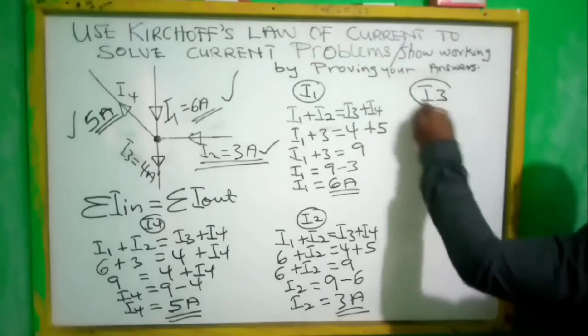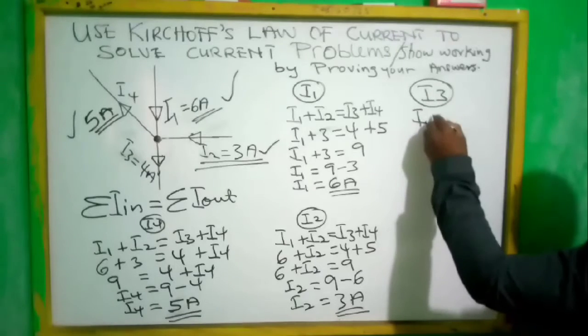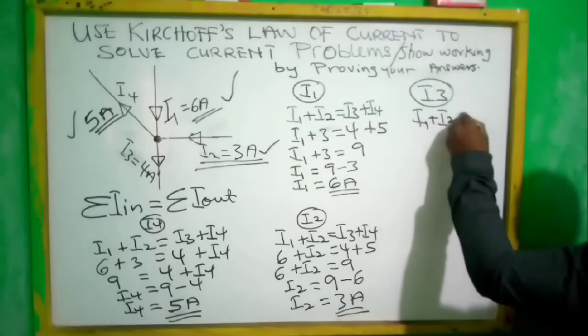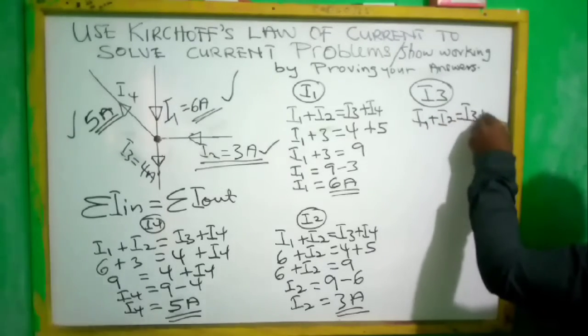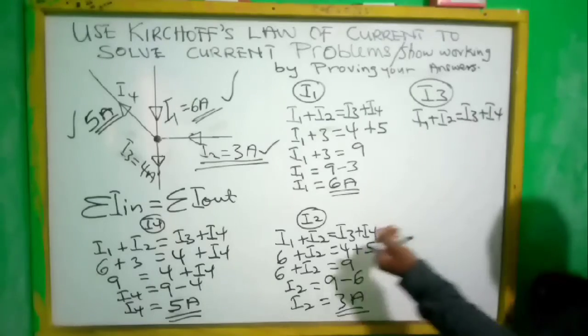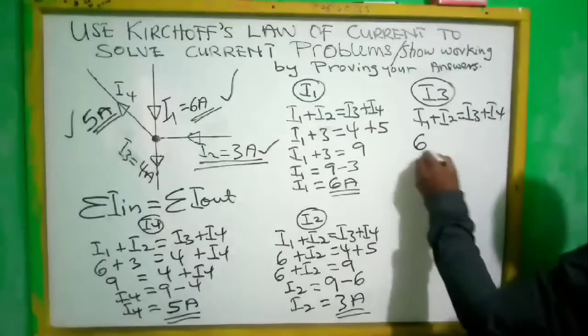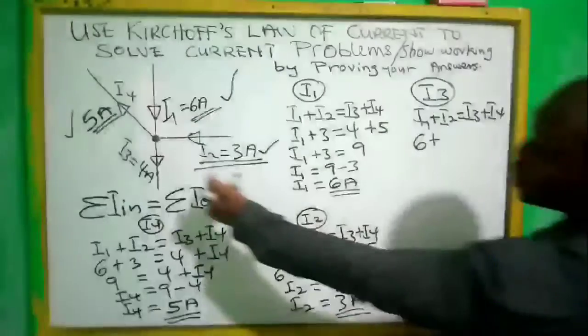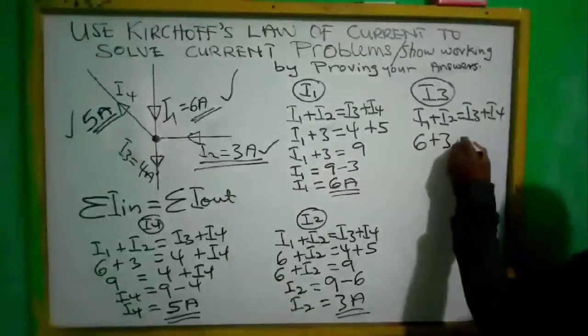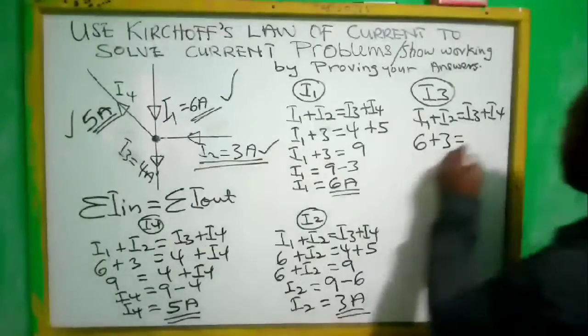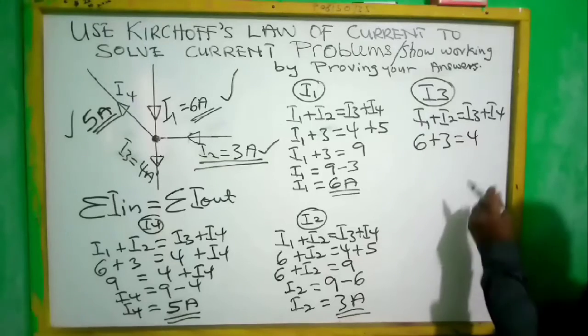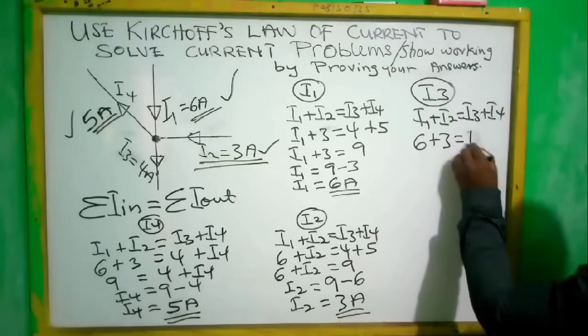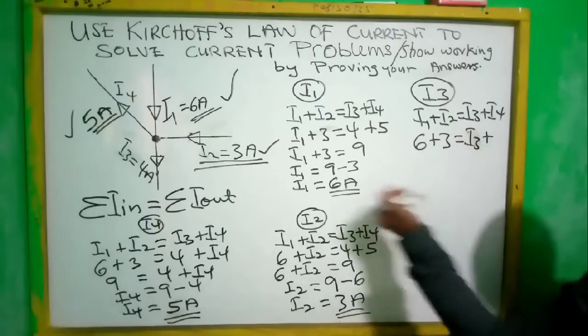So let's put the formula: I1 plus I2 is equal to I3 plus I4. I1 is 6. I2 is 3. We are looking for I3, plus I4, which is 5.